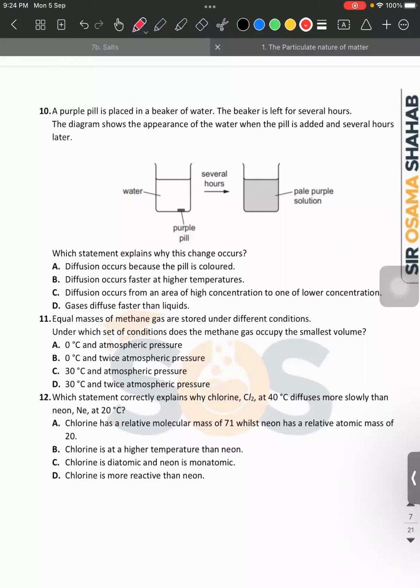This will be the right answer over here, right? Is that right, bacho? Yes, sir. So C will be the right answer. 10 का answer आपके पास होगा, it will be C, right?